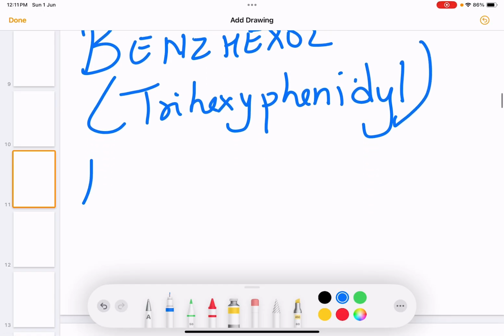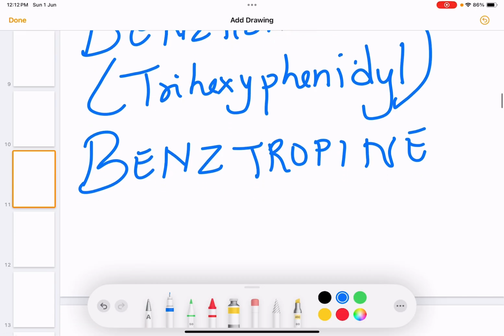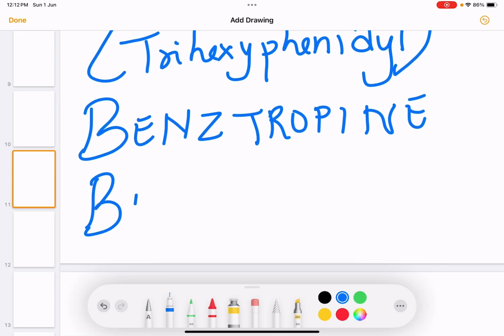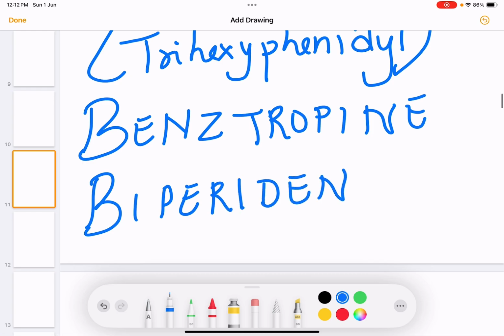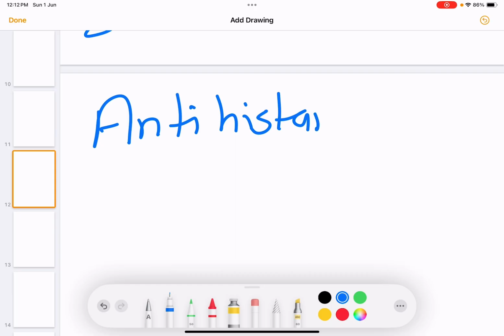Then we have benztropine, and biperiden. Then we have antihistaminic drugs. In that we have promethazine.